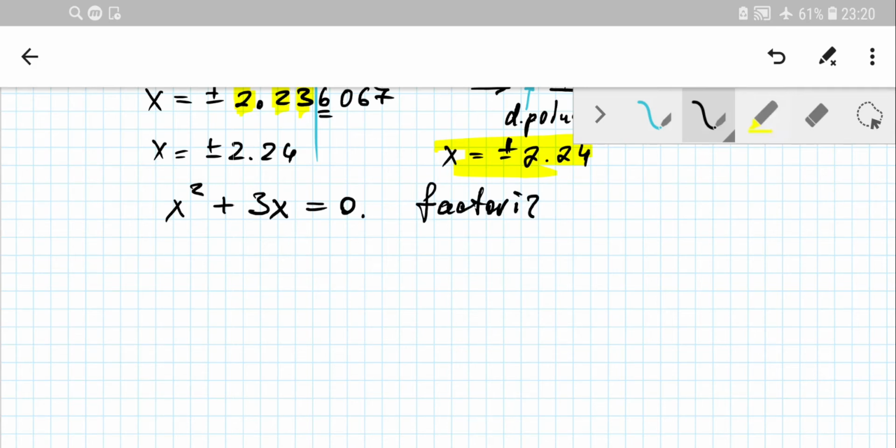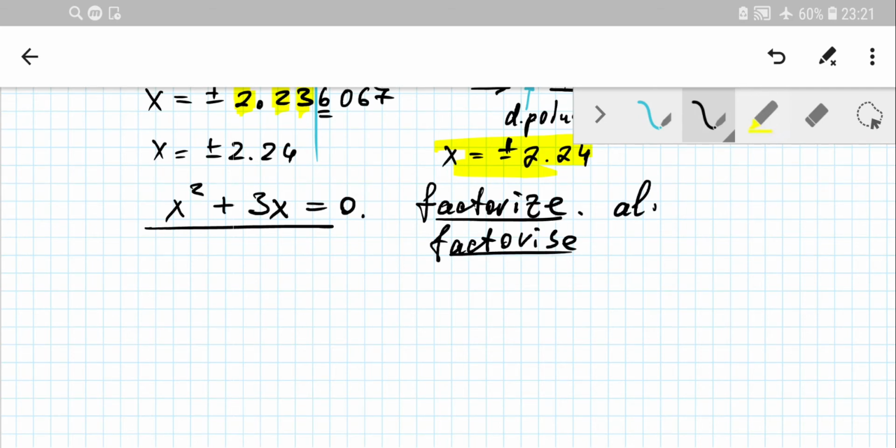Factorize means to find the common factor. In this case, you need to know how to work with numbers and with variables, so how to factorize algebraic structures.